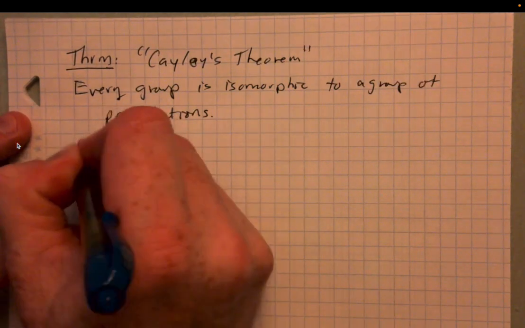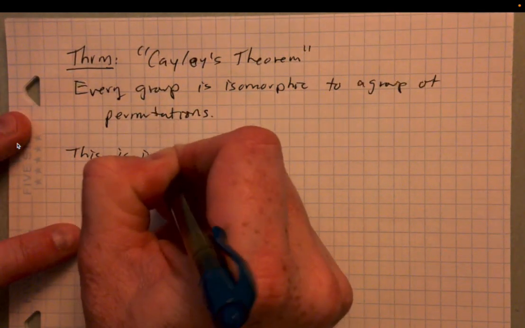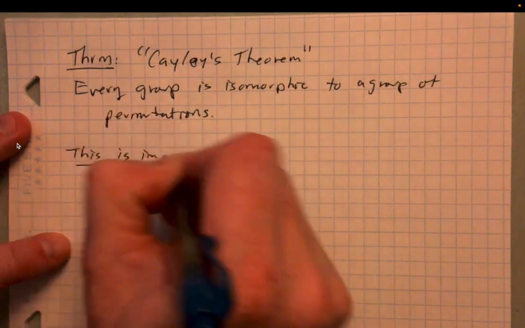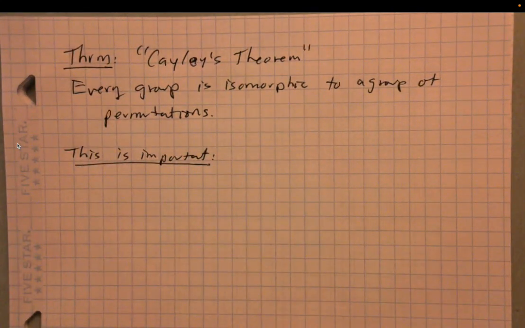Now, this is important for a couple of reasons. First of all, we talked about permutation groups. They're very concrete, right? I mean, we know what the permutation groups look like. And so this theorem basically says that, hey, no matter how abstract or difficult to visualize your group is, it can always be represented as a permutation group, which is very concrete, right?